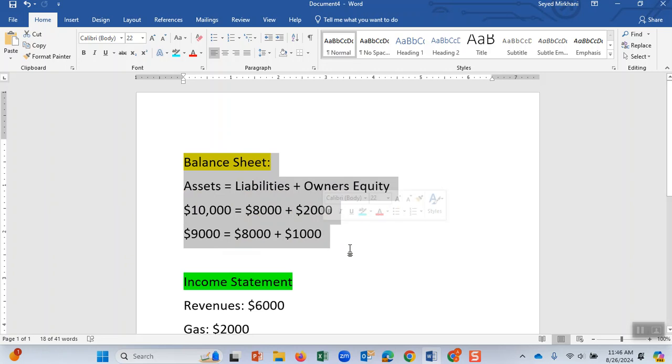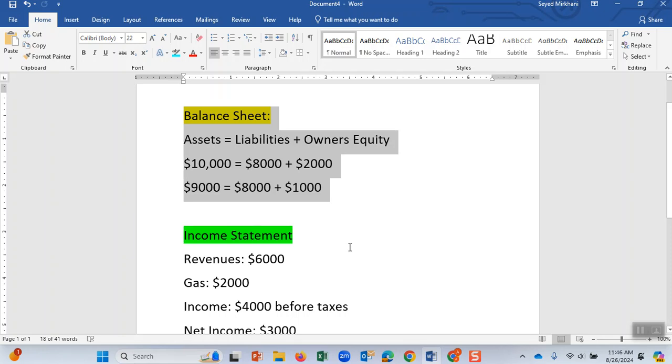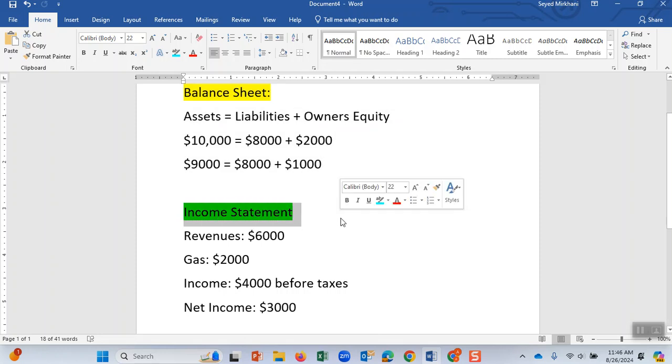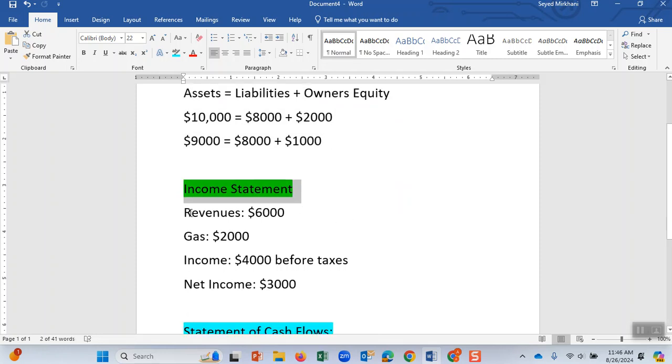Therefore, this is one of the very important statements, called the balance sheet. Now imagine that the cab driver in our example has another statement called the income statement. Suppose in one year this person has revenues of $6,000, which means he or she gives rides to passengers and makes $6,000. Then there are expenses.